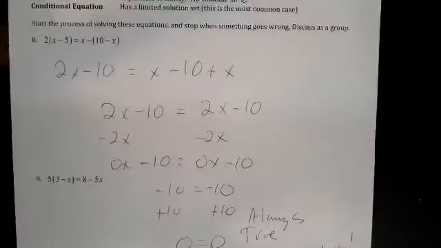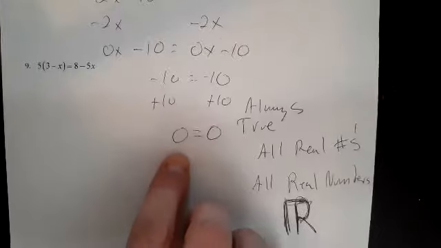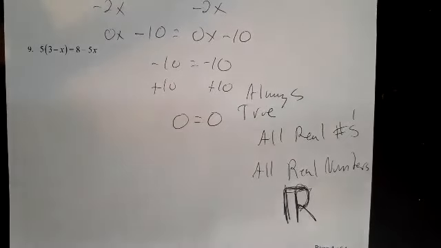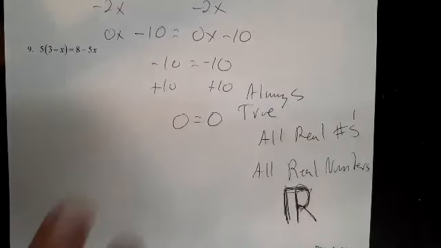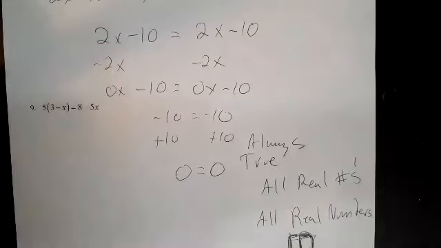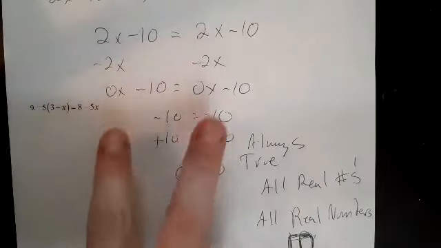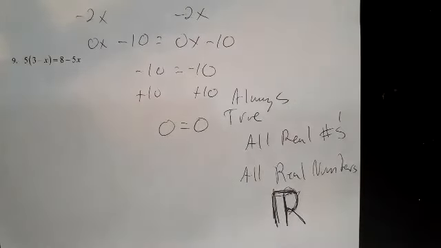To recap, if we have an identity, something that looks like 0 equals 0, that is going to be always true. It didn't really matter what number we plugged in. This was just a property that gave us the same thing over again, right? Somehow the x would simplify out and give us something that's always true. It doesn't matter what number we plug in.